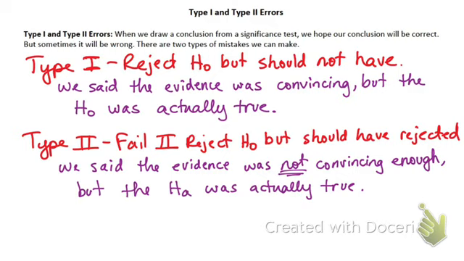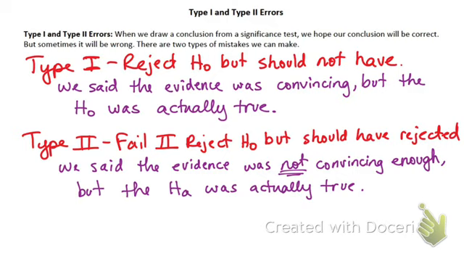Okay, now we need to kind of think about what's happening here. If in all actuality the null hypothesis really is true and we reject it, what has happened here? What kind of error has happened? That's the type 1 error. Now, I have some breaking news for you.